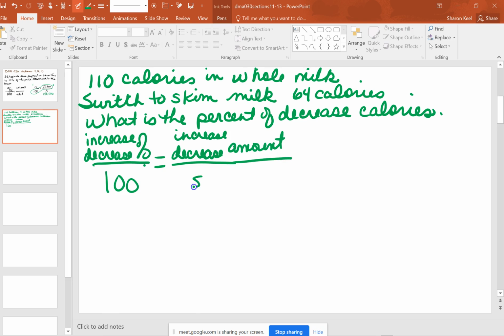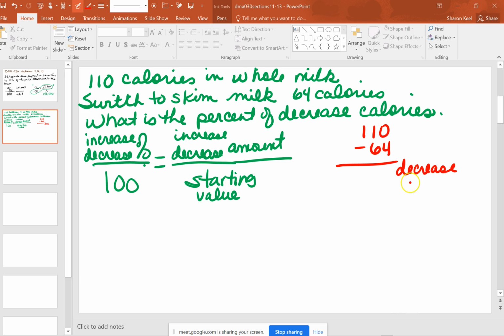On the bottom is going to be your starting, the original value. The first thing that we have to do is calculate. We're going to do 110 minus 64, and that's going to give us the decrease amount. When we calculate this amount, it's going to go in our numerator.